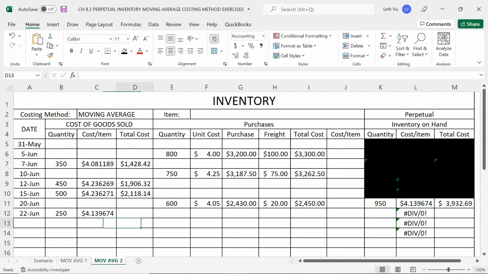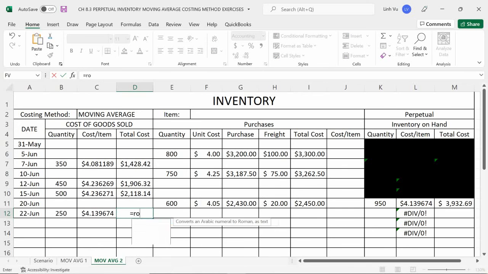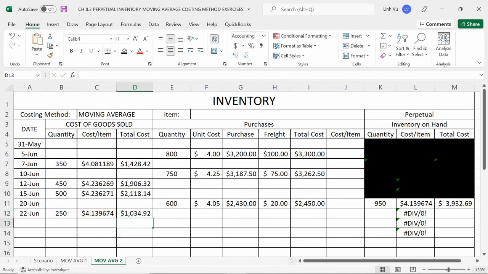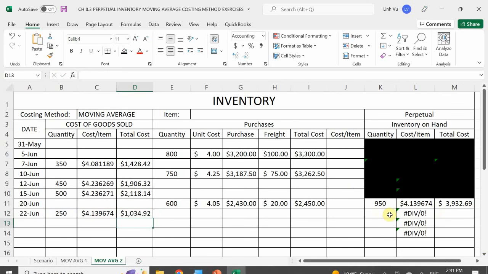So what's my cost of goods sold here? $1,034.92.